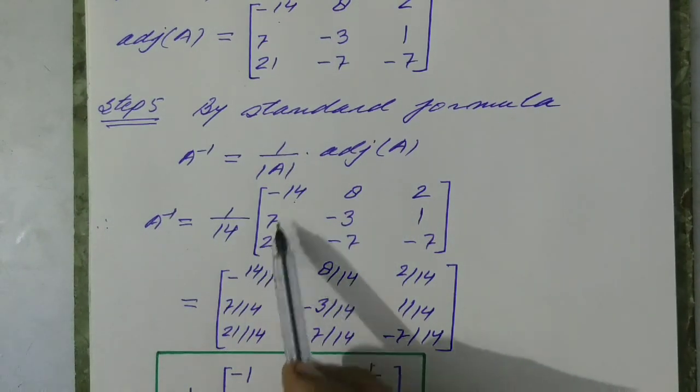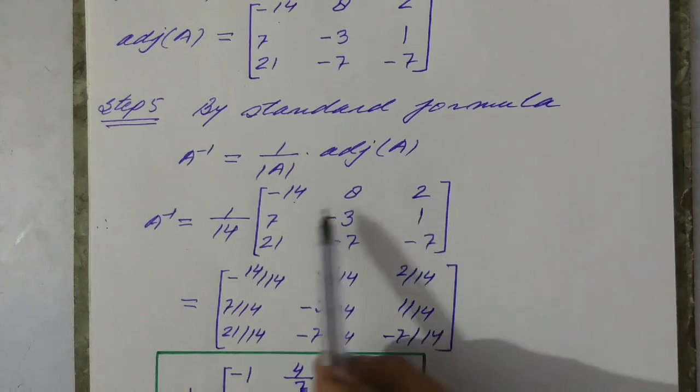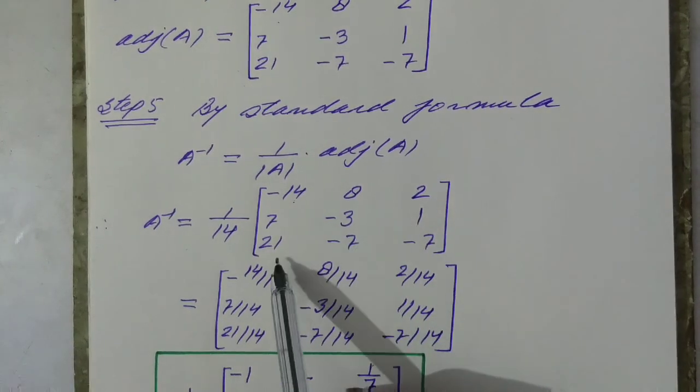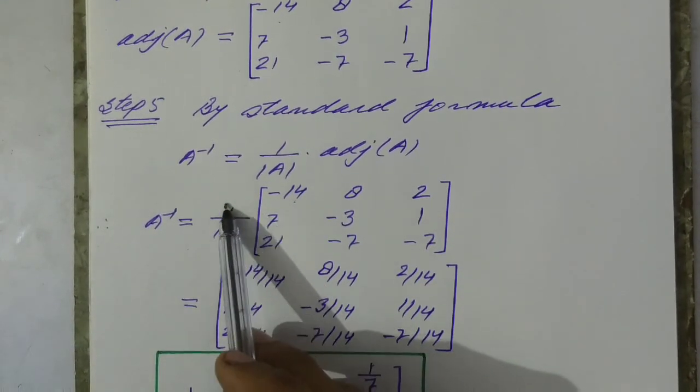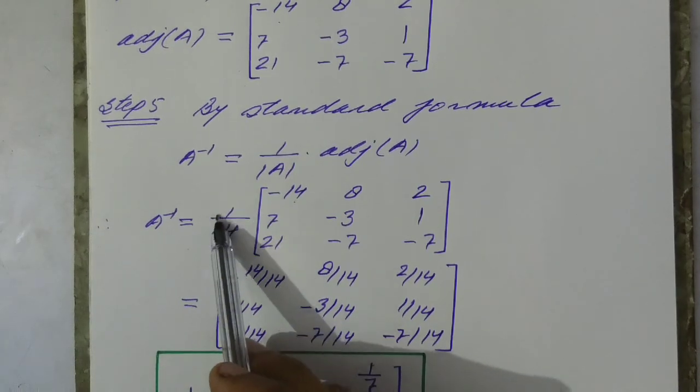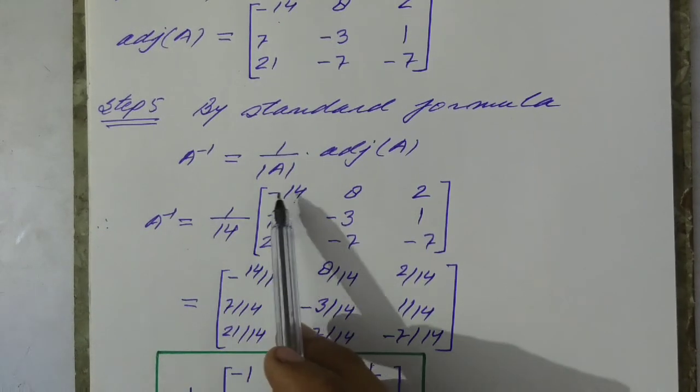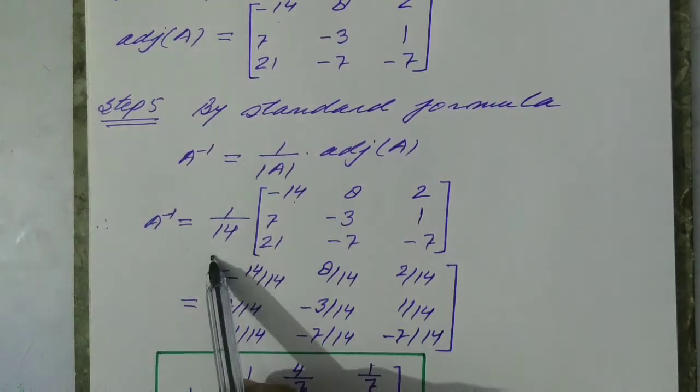And by scalar multiplication of a matrix, each and every element of the matrix is multiplied. So if we multiply 1 upon 14 and the matrix, it will multiply each and every element of the matrix.